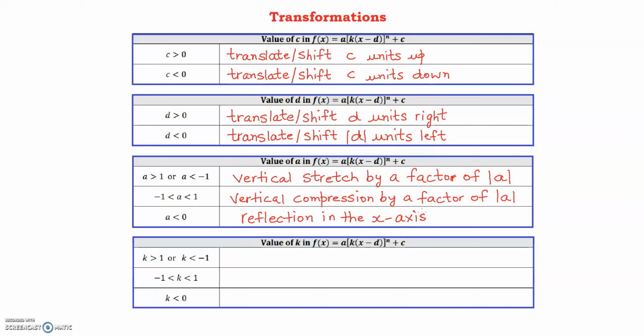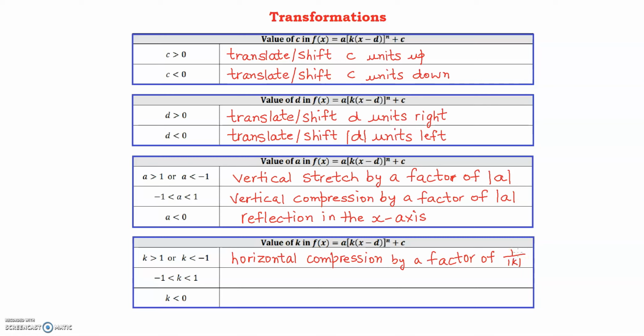For the values of k, when k is greater than 1 or k is less than negative 1, we can write horizontal compression by a factor of 1 over the absolute value of k.